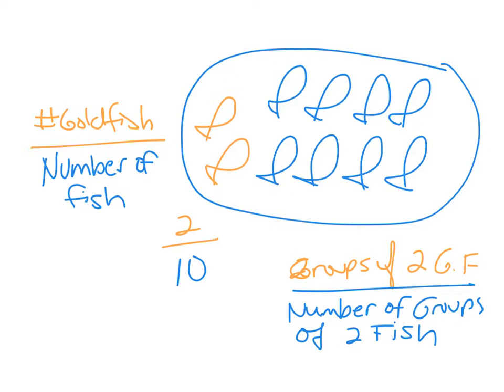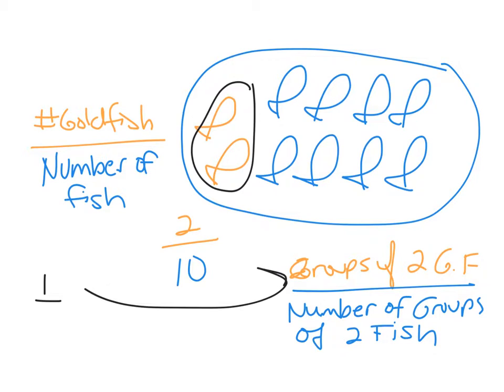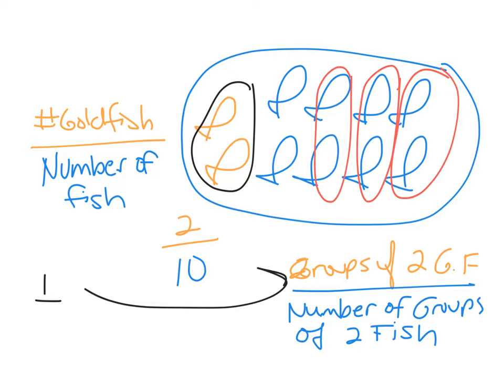Okay, so the number I have over here, I have 1 group of 2 goldfish, so that matches with that. And how many groups of 2 fish do I have all together? I have 1, 2, 3, 4, 5.